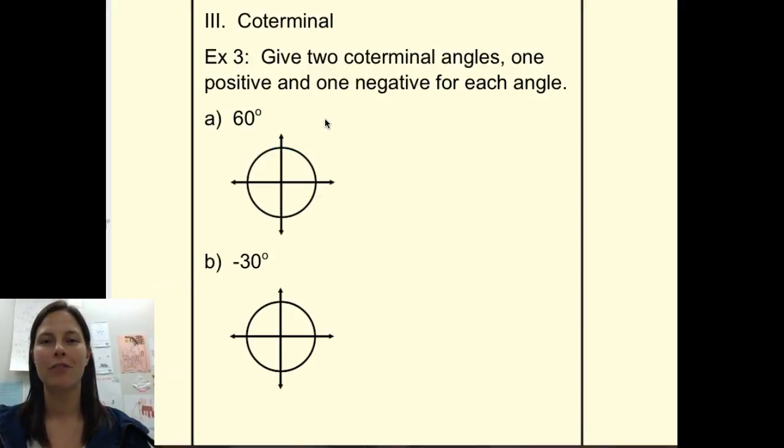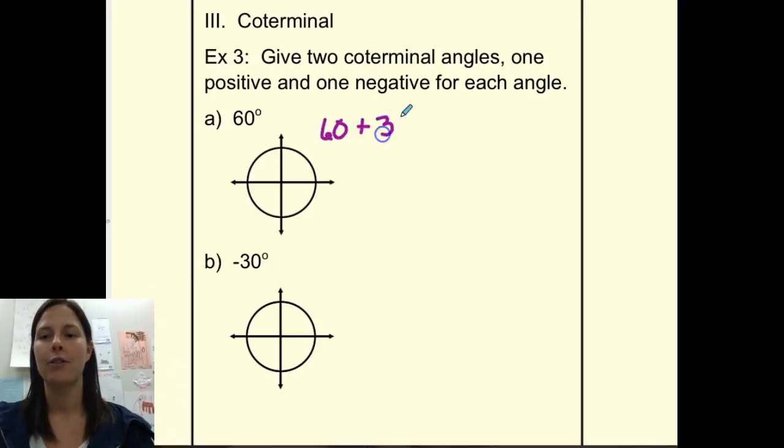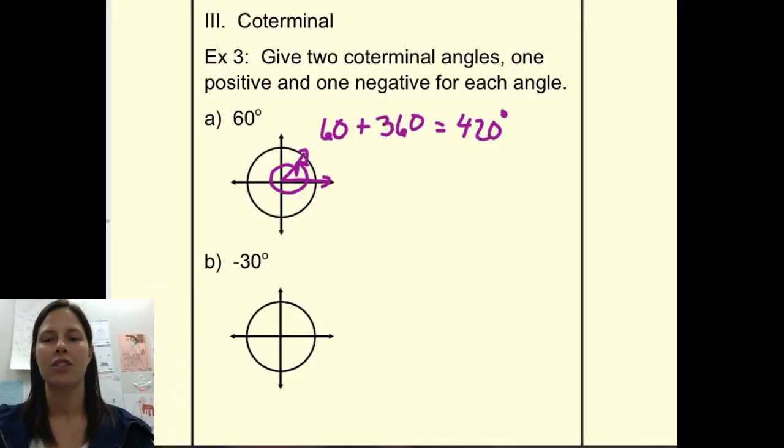Our final example for this lesson, we're looking at coterminal angles. We have a 60-degree angle. One coterminal angle would be adding 360 degrees. So here's our 60-degree angle. If we add on an extra full rotation of 360 degrees, that would give us a 420-degree angle of rotation in the positive direction.